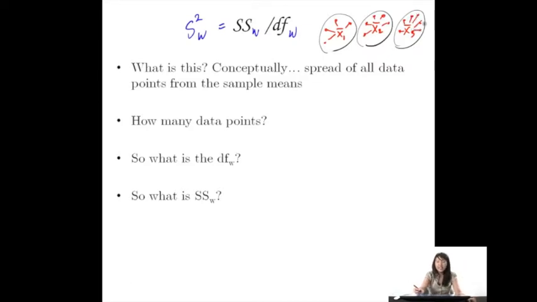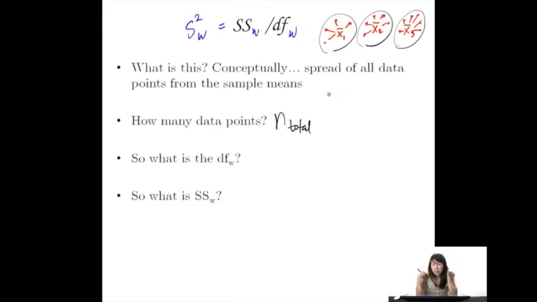Makes sense, right? Well, we need to think about first, how many data points do we have? Well, we have a total of n total, right? Because you need to count all of these data points. So you need to add them all up, right? So we have n total, like the total number of data points. So what is the degrees of freedom? Well, it's not just n total minus 1.